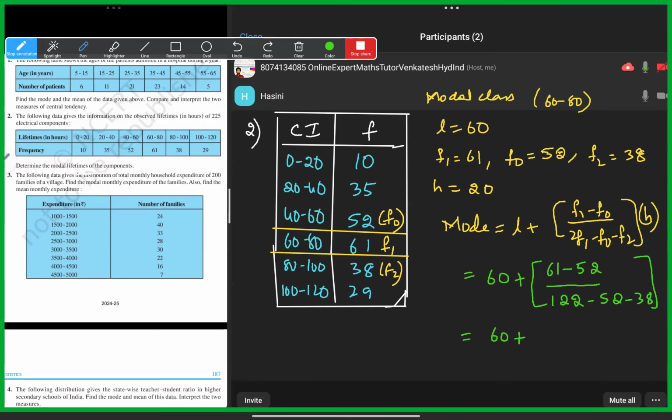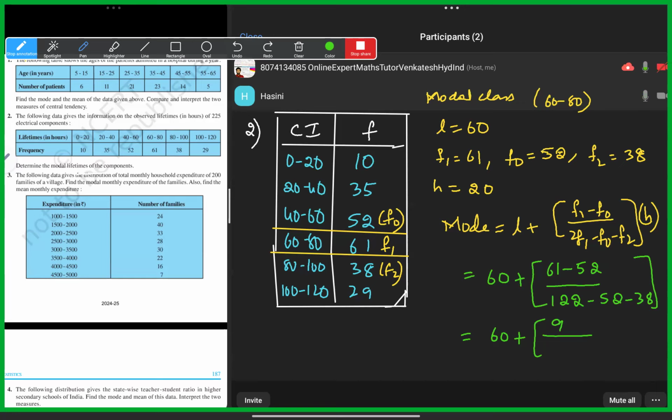So 60 plus 61 minus 52, Hasni. 61 minus 52 is 9. 9 by the denominator, 122 minus 52. Sir, I got the total denominator as 32.